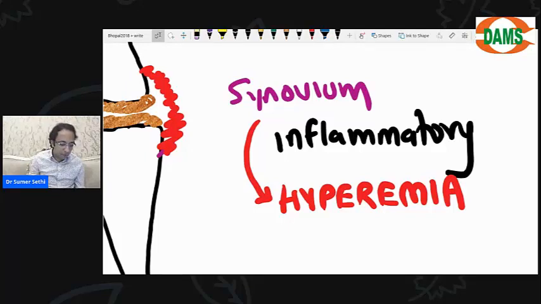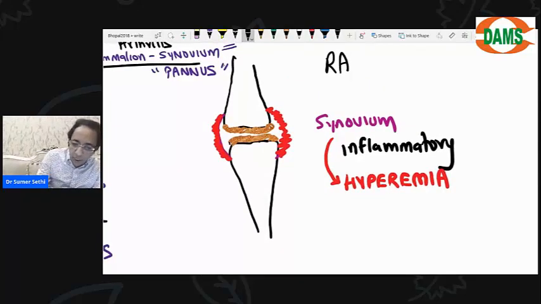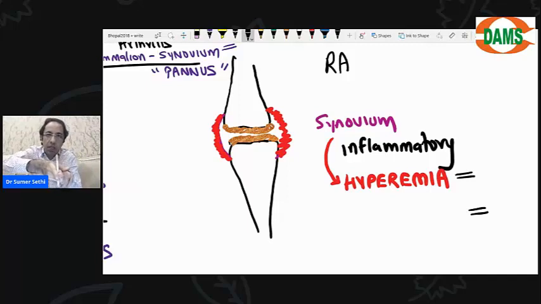That will lead to hyperemia, increased blood flow. Now, do you remember from my last class, wherever you have blood vessels in the bone, the blood vessels steal the mineral from the bone to maintain the blood calcium level. Okay, so blood vessels are stealing the mineral from the bone to maintain the blood calcium level.